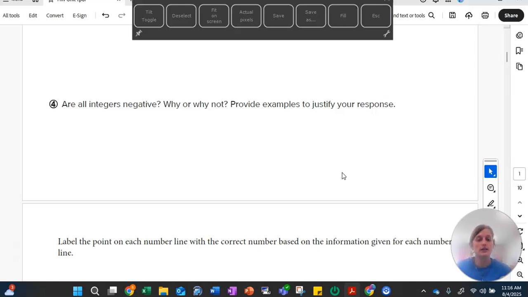Or you can make me like a little chart and tell me these are like positive integers, negative integers. Just from the fact that I'm making this chart, you should kind of know what your answer is, if they're all negative or not. But then you could give me examples below, like -2, we already talked about. And list out a few examples, and you still need a complete sentence for the yes or no, why or why not, but that can be your examples.